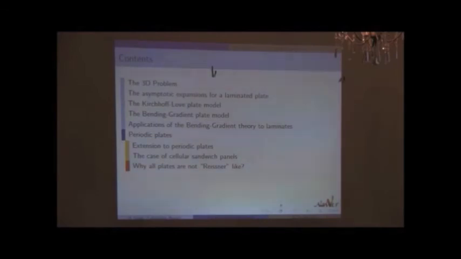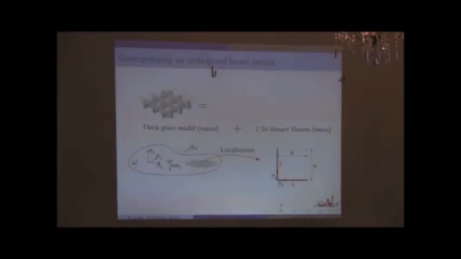And this is the last example, so I'm a bit shorter, but it's okay. Why all plates are not Reissner-like. So for this, I will homogenize an orthogonal beam lattice. I consider this grid, and I assume that macroscopically I want a thick plate model, so a bending gradient plate model.